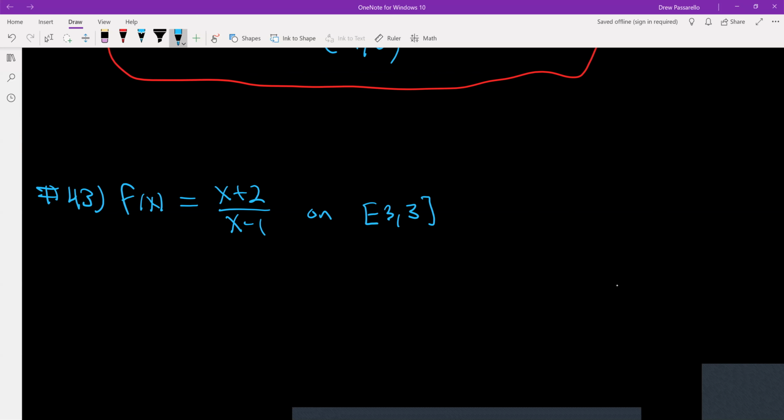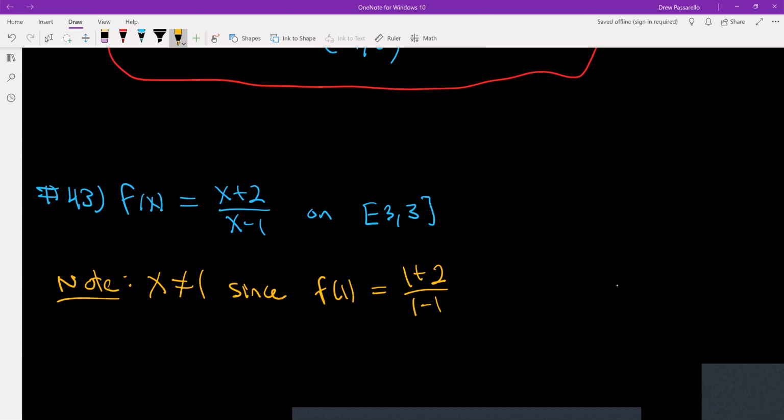And now note that I can't divide by 1 here. So note x can't be 1 because you'll get 0 on the denominator. Right, so that's undefined at 1.